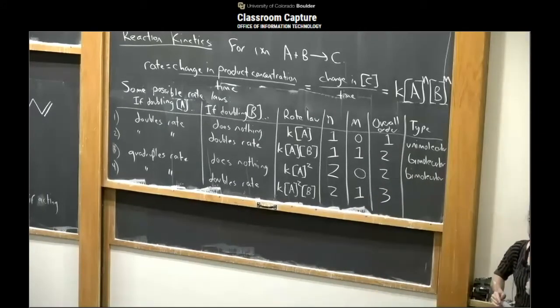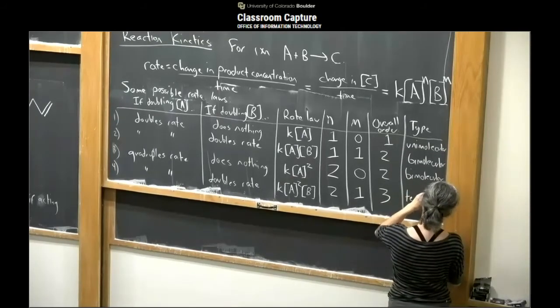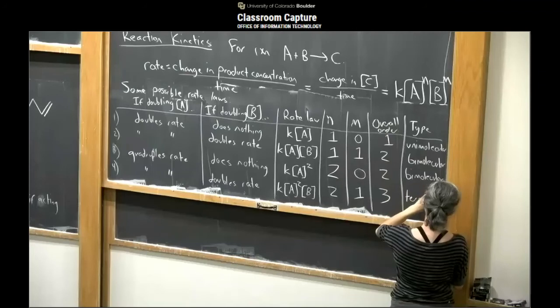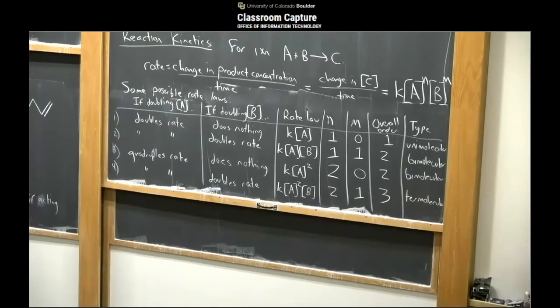This would be an incredibly rare example of what's called a termolecular reaction. I can't even think of any of these off the top of my head, and I'm not even sure the name wasn't just a hypothetical, if you had something that relied on 3 molecules all coming together at the right time.